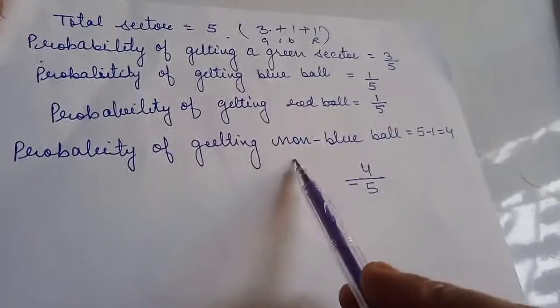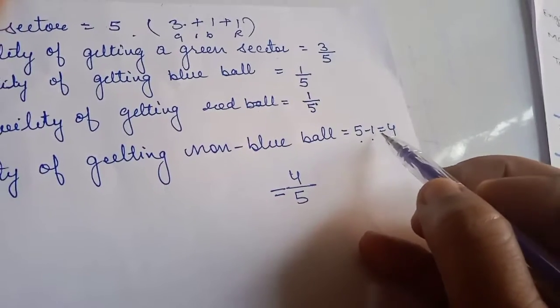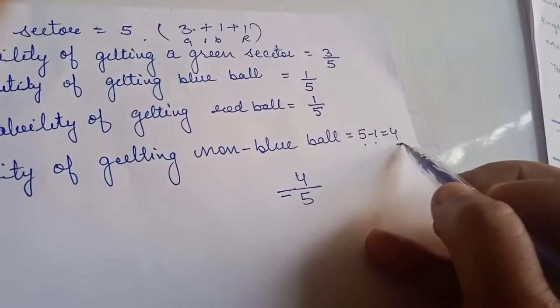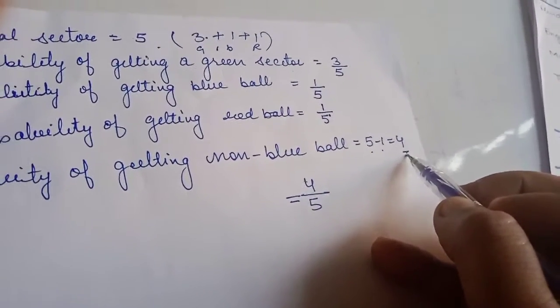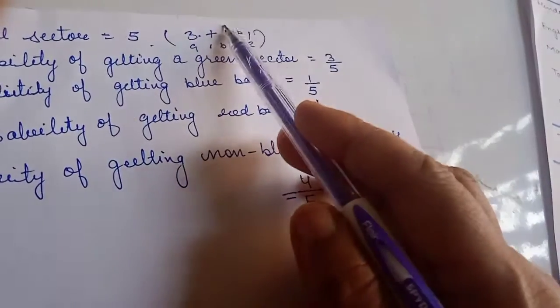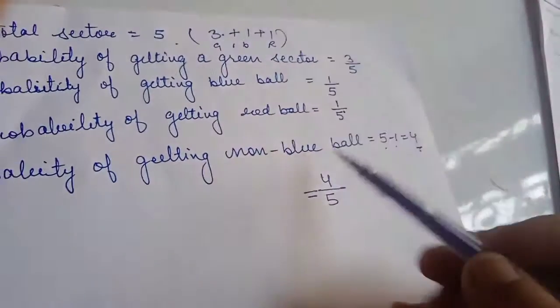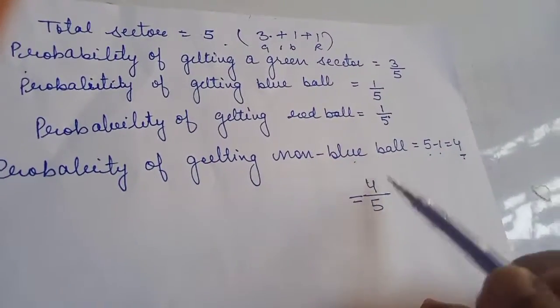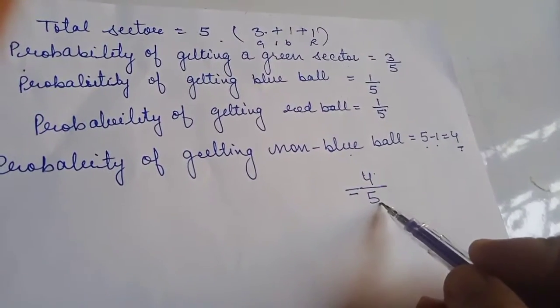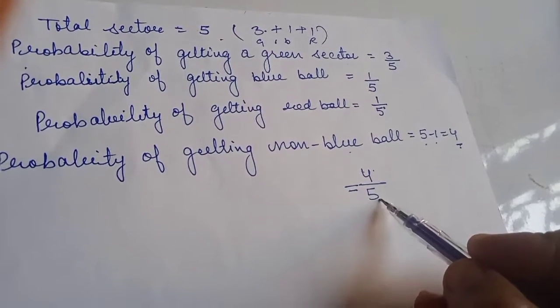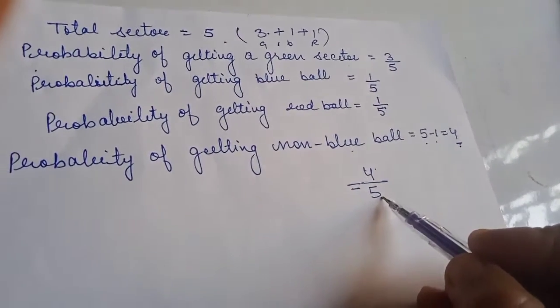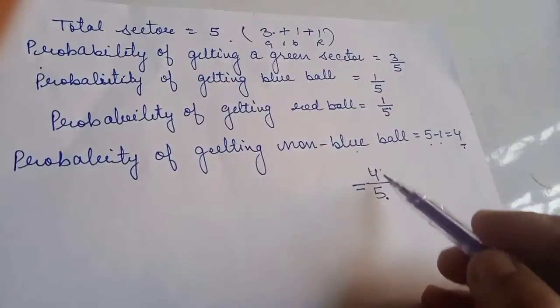So 5 minus 1 is 4 remaining balls. The probability of getting a non-blue ball is 4 upon 5, where 5 is the total outcome. So 4 by 5.